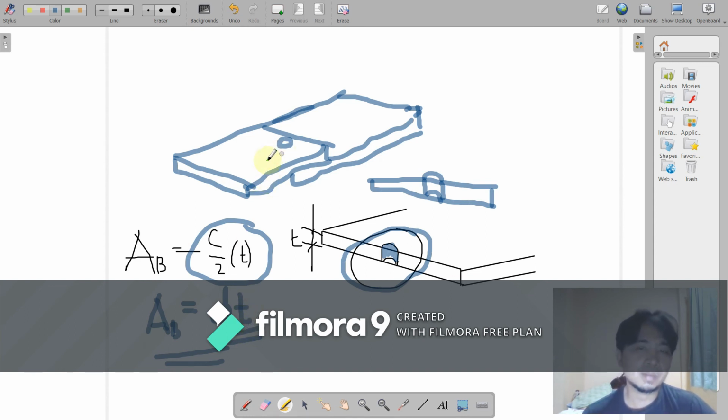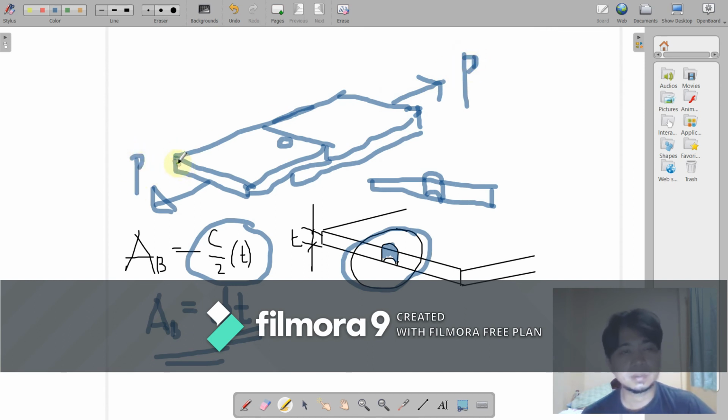Now, to sum up, what are the stresses in the plate and bolt? So if we have here a tensile force applied on both ends, this force P would tend to elongate the plate. So there is, I think we should have a symbol for that.